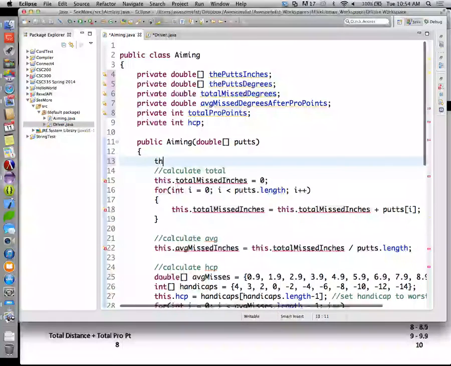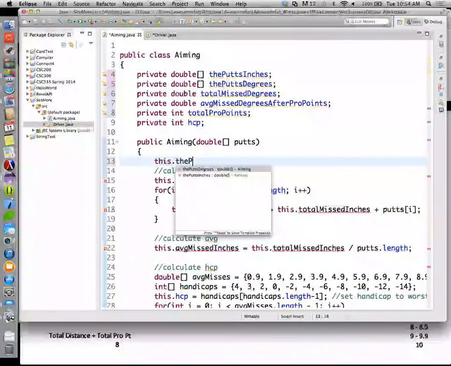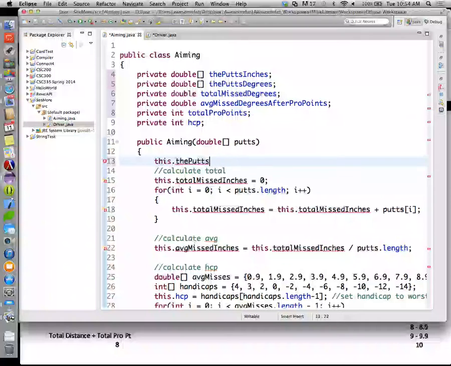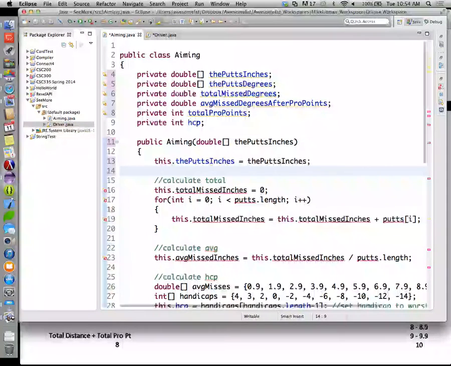So right off the bat, we're going to say this dot the putts inches. And we're going to call this guy the exact same thing, so we know exactly what this guy is taking in as a parameter. So this dot the putts inches is equal to the putts inches. Now we need to convert that guy into our degrees.